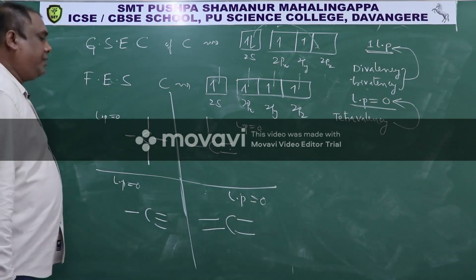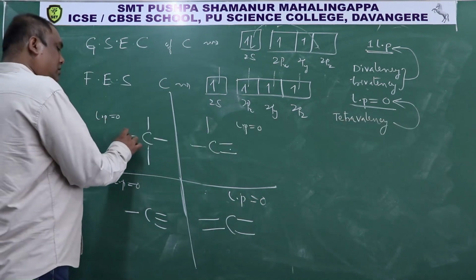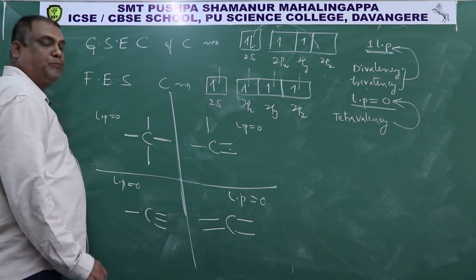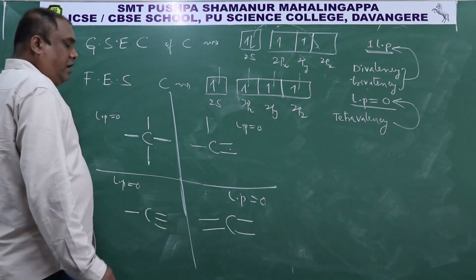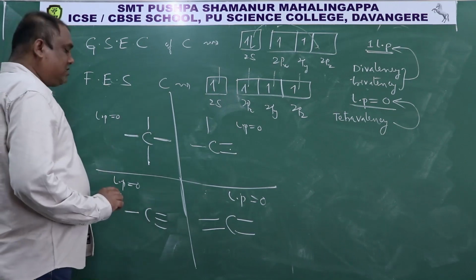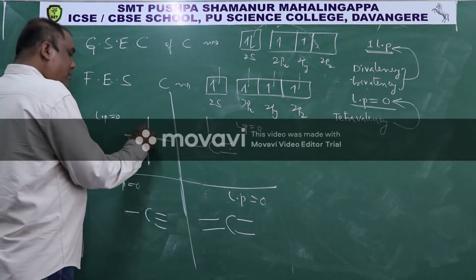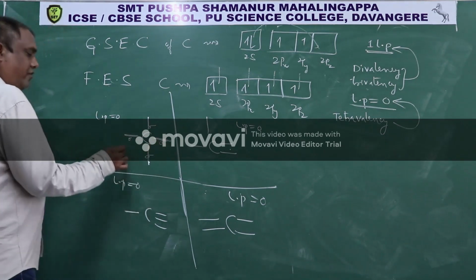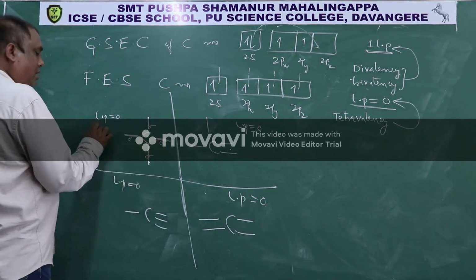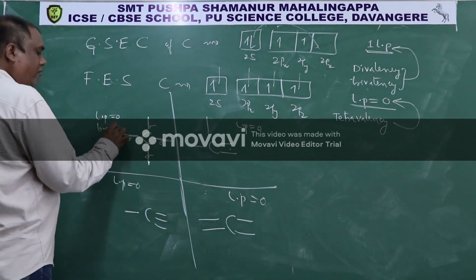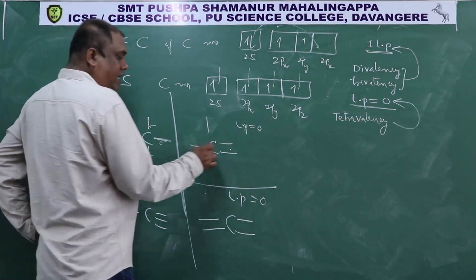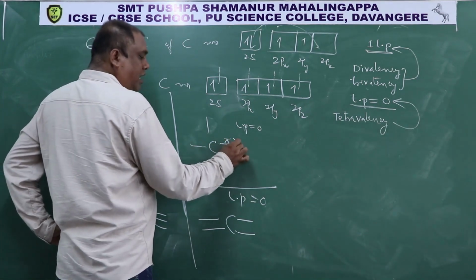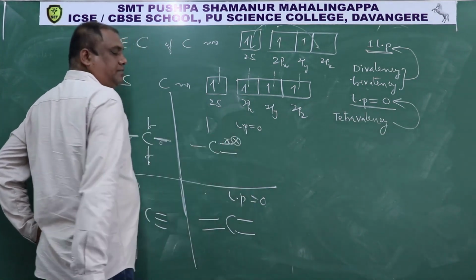Now these single bonds are called bond pairs. In chemical bonding, you might have studied that only sigma bonds are considered as bond pairs. Therefore 1, 2, 3, 4 sigma bonds, then bond pairs are 4. Here this is a pi bond. Pi bond should not be taken into account.